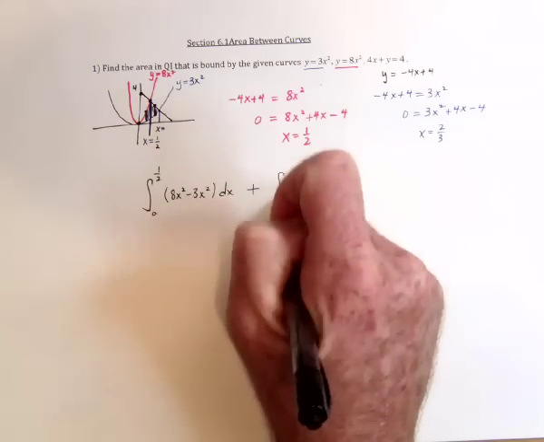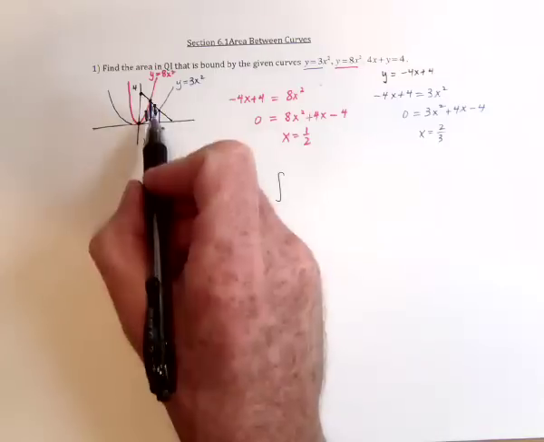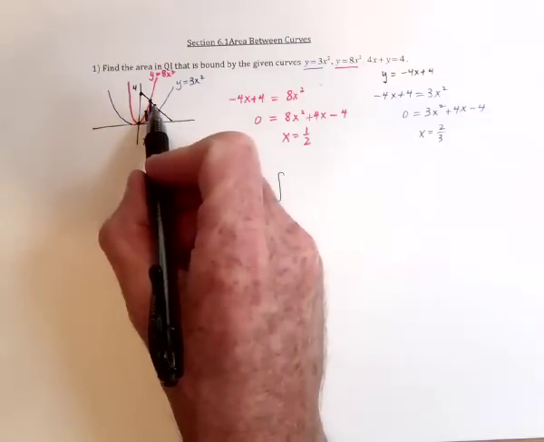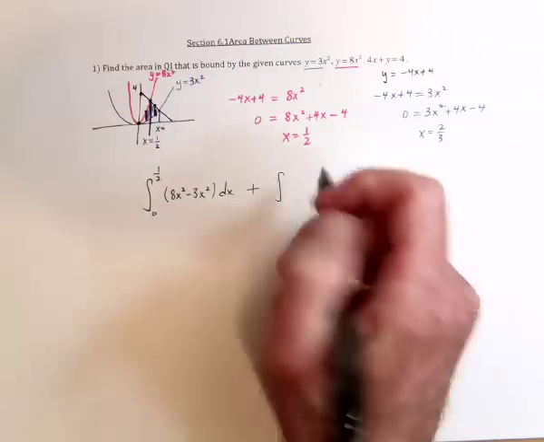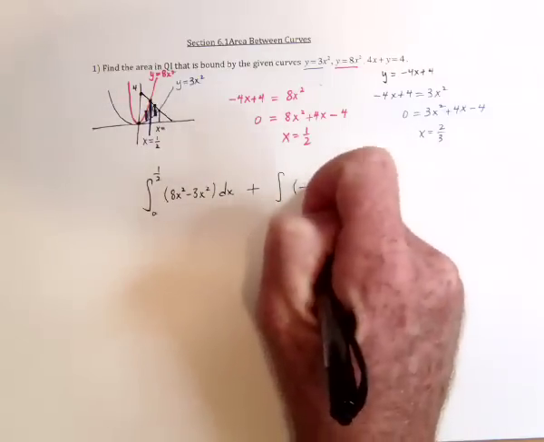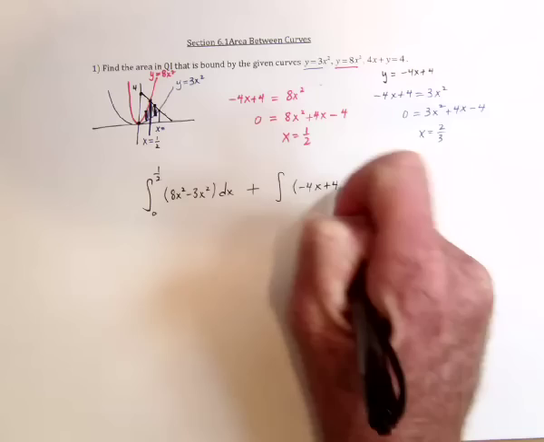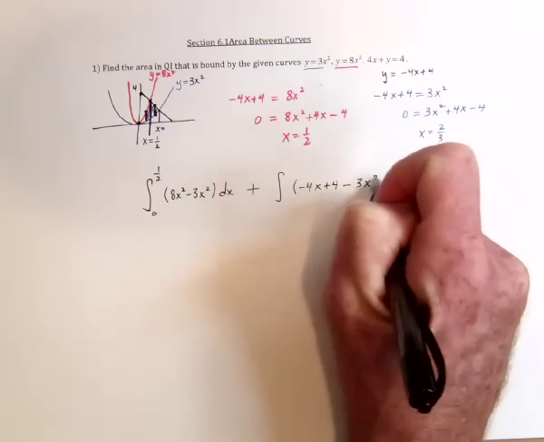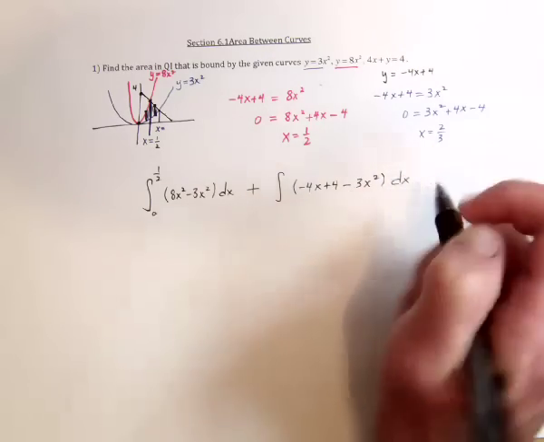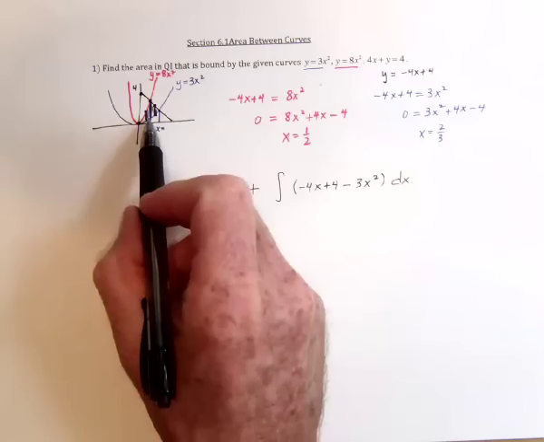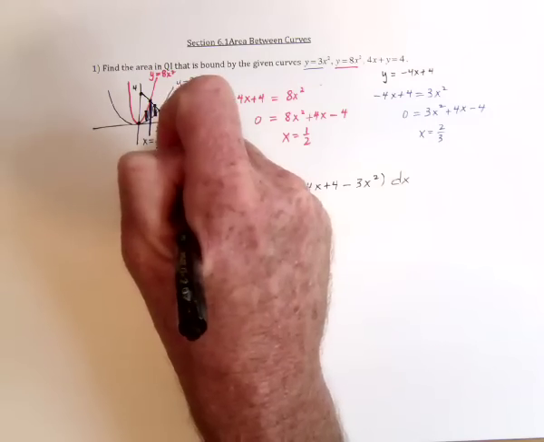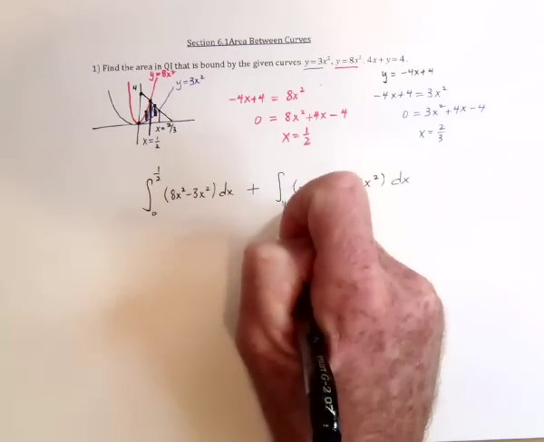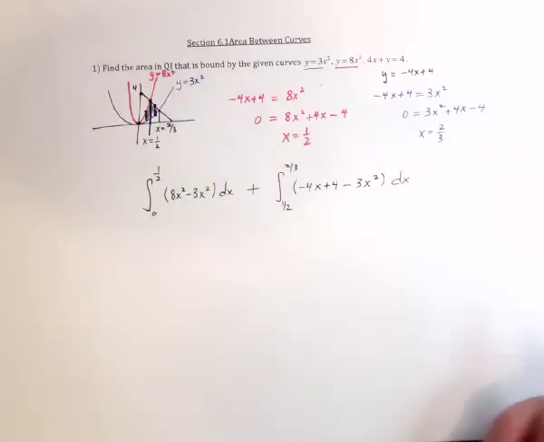And then add to that the next integral, which is, so over here it goes from the line on top minus the blue parabola. So it's going to be the line minus the blue parabola, top minus bottom, with x going from the middle, 1/2, over to 2/3. So from 1/2 to 2/3.